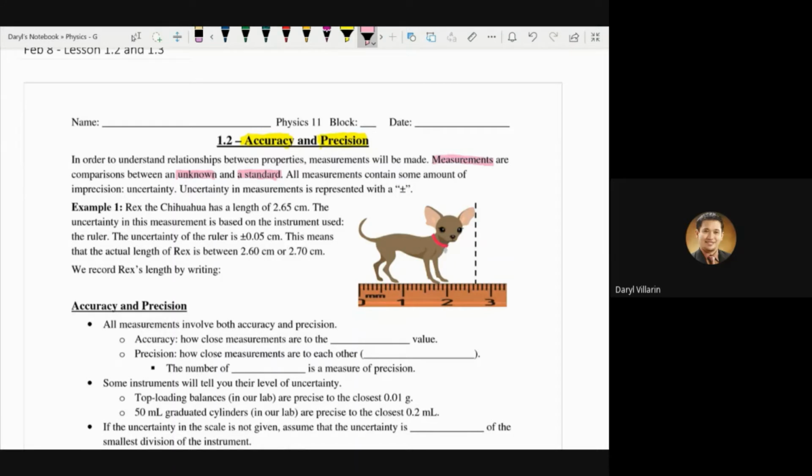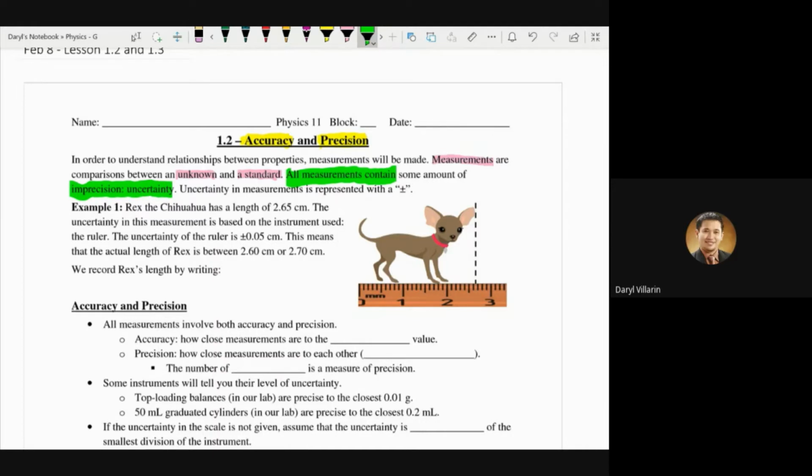When you try to do measurements, there are limitations, one of which is the instrument that you use. You would say that there's no such thing as a 100% accurate measurement. All measurements contain some amount of imprecision, which we call uncertainty.